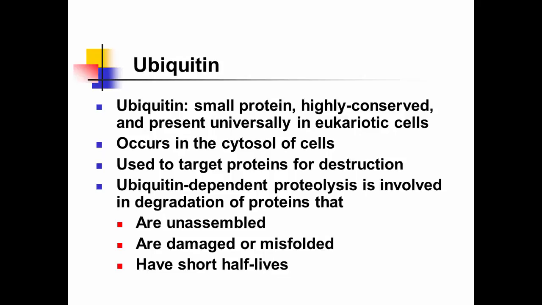So usually, the cell always will make mistakes, right? Some proteins are synthesized but unassembled, and this type of protein needs to be degraded, and also damaged and misfolded proteins, and proteins with short half-lives, right?